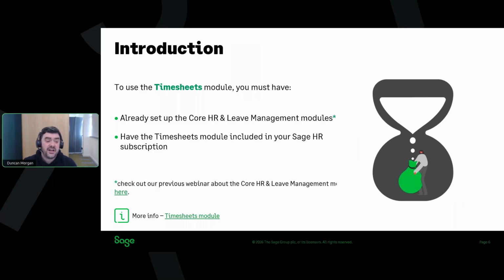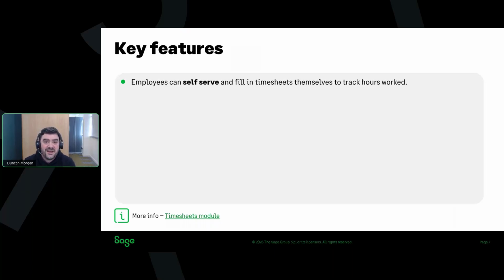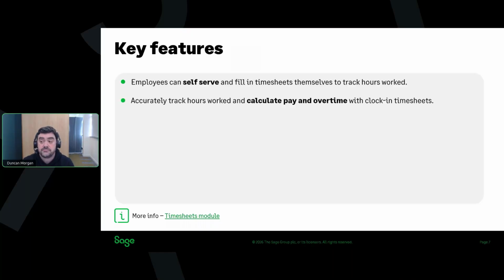Now, before we start looking at this in Sage HR, I'd like to run through some of the key features. So a big benefit of using timesheets in HR is that your employees are empowered to self-serve, meaning that they can fill in the timesheets themselves to track the hours worked and submit that to an approver. So you can accurately track the hours worked, including calculating pay at normal time and any different overtime rates.